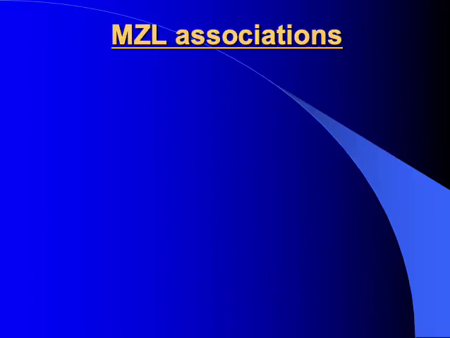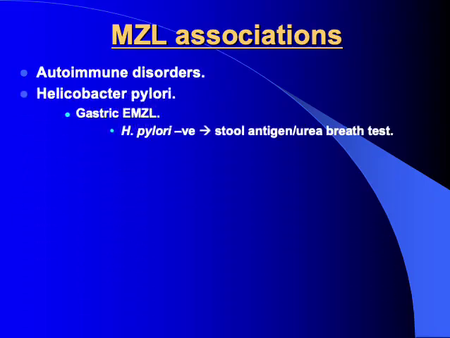Marginal zone lymphoma has some association with other diseases, especially infectious diseases. Marginal zone lymphoma could be associated with autoimmune disorders. We'll talk about this in the coming slides. Gastric extranodal marginal zone lymphoma or MALToma is associated with H. pylori, or actually H. pylori is the cause of some of the gastric marginal zone lymphoma.